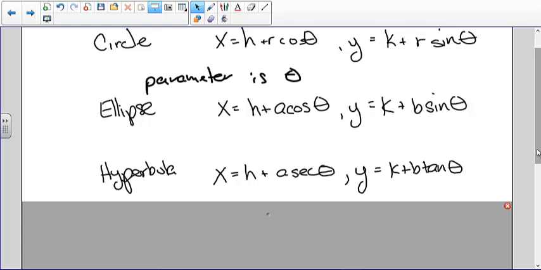Again, a and b determine how narrow or wide it is. And the parameter is theta, which goes between 0 and 2 pi to get one complete curve. So let's look at this one, the hyperbola.